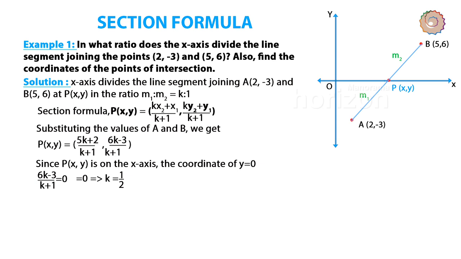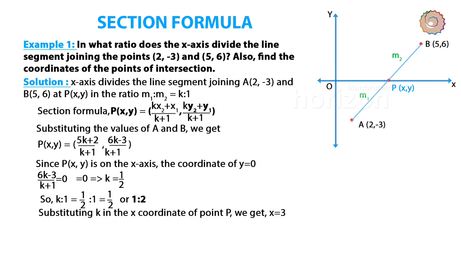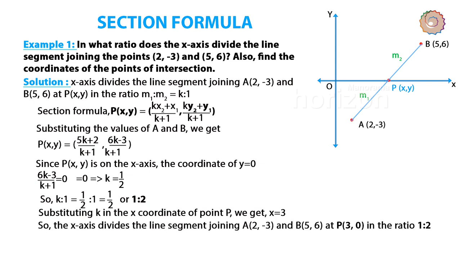So, the required ratio is k is to 1 equals 1 by 2 is to 1, which is 1 by 2 or 1 is to 2. Substituting k in the x coordinate of P, we get x equals 3. So, the x-axis divides the line segment joining A (2, minus 3) and B (5, 6) at P (3, 0) in the ratio 1 is to 2.